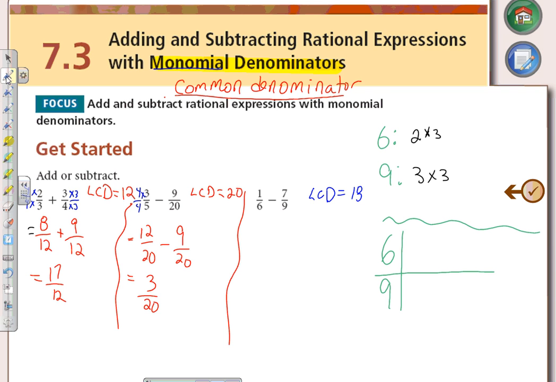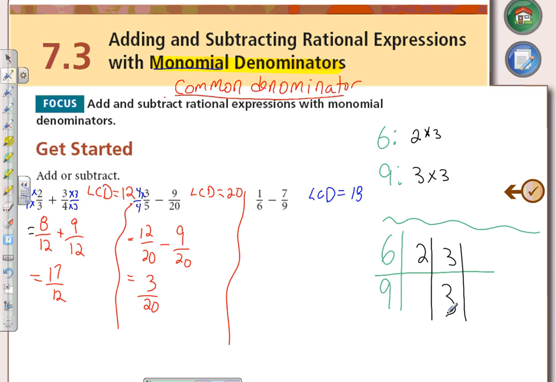When we break up our 6 into its prime factors, we've got 2. So that's got its own column for the 2s. Then we've got a 3. That's got its own column for the 3s. Now we go to the 9. The 9 has a 3. Oh, I already have one column for a 3, so I can put it in there.